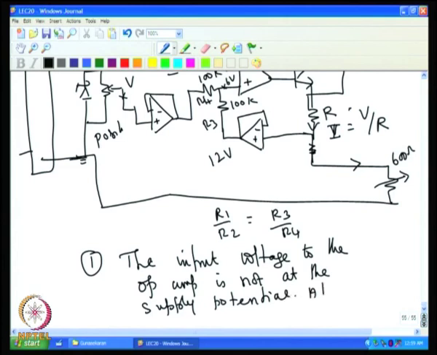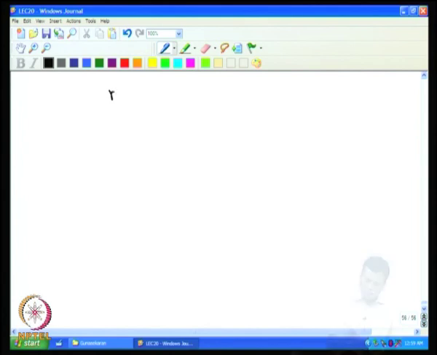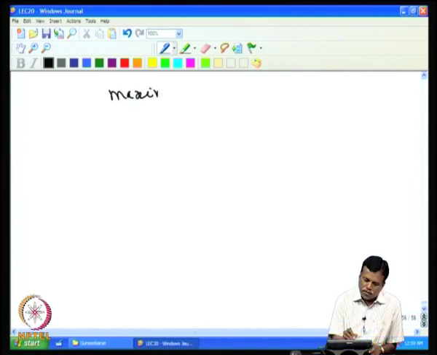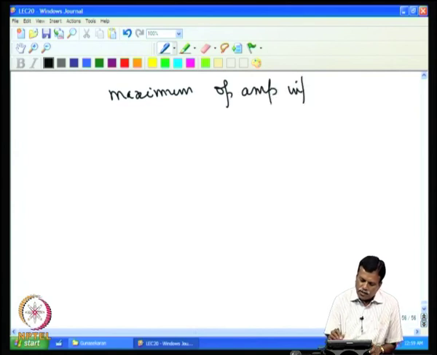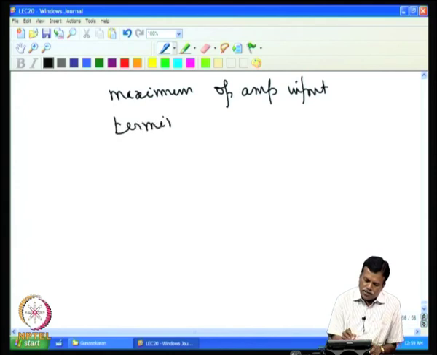At the maximum they are only half the supply potential. At the maximum, the op-amp input terminals see only half the supply voltage.